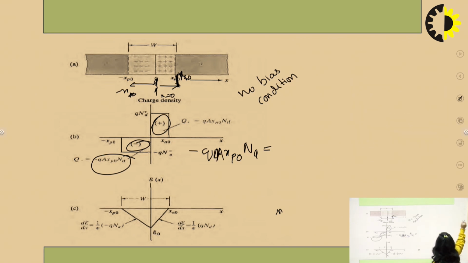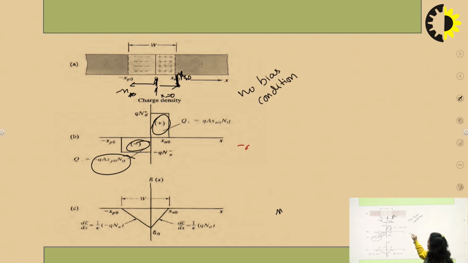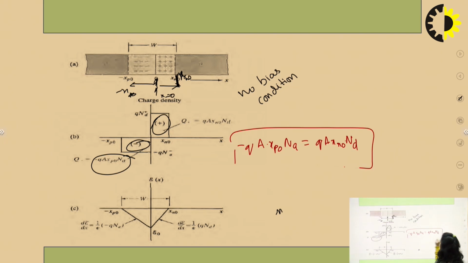So it is like we have to obey the principle: minus q a xp naught times Na is equal to q a xn naught times Nd. This is the space charge region, which should be equal to provide no current flow, so that there is no current flow through the PN junction diode at no bias condition.